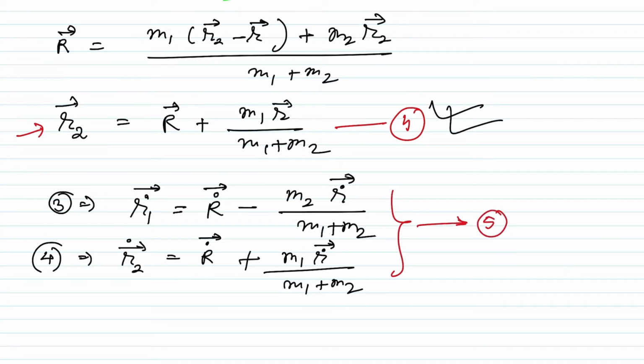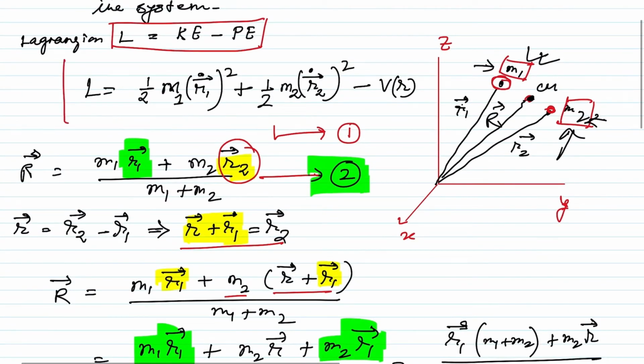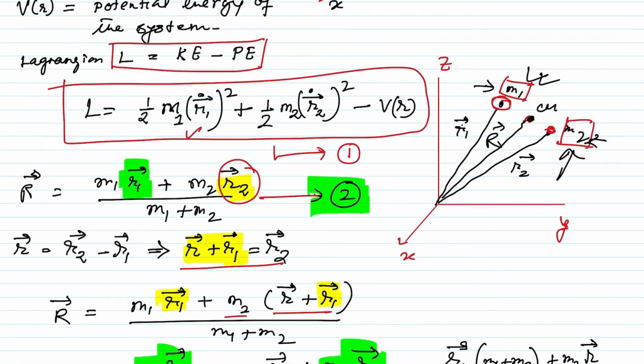So hope you have understood till this. Now we are going to use these two values of r1 dot vector and r2 dot vector in equation number 1. Here we put the value of r1 dot vector and here r2 dot vector.